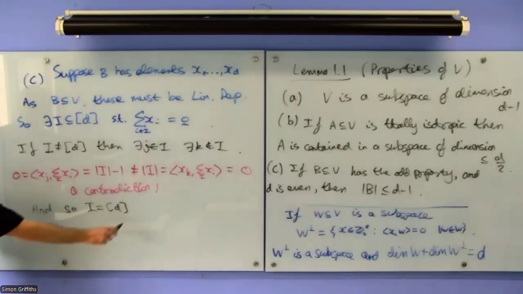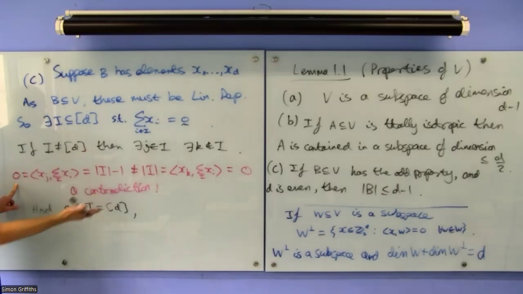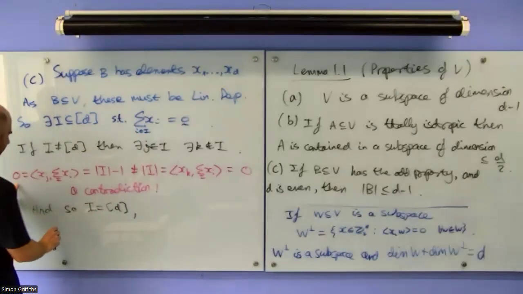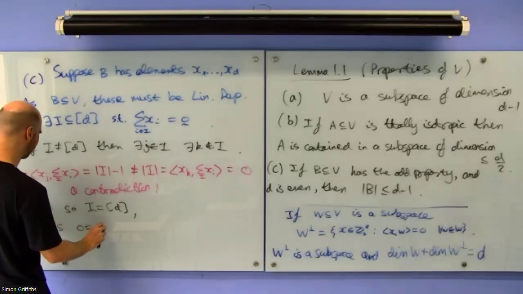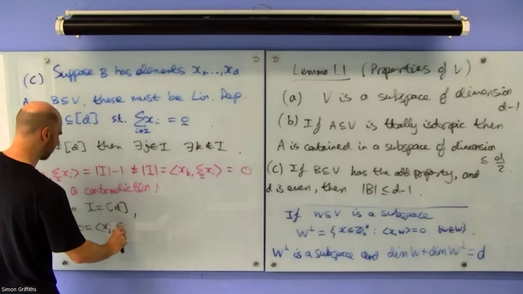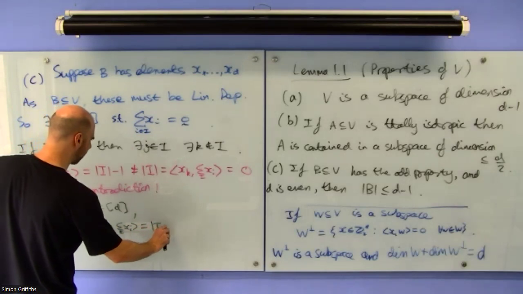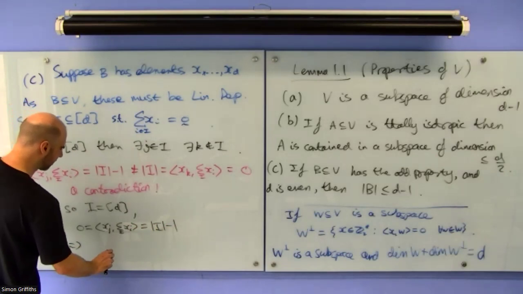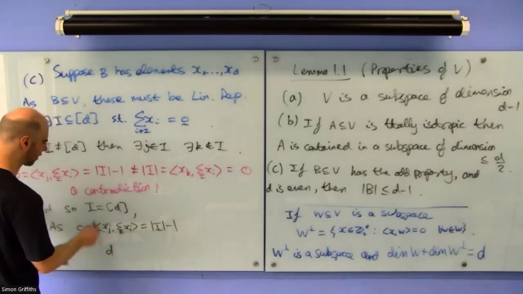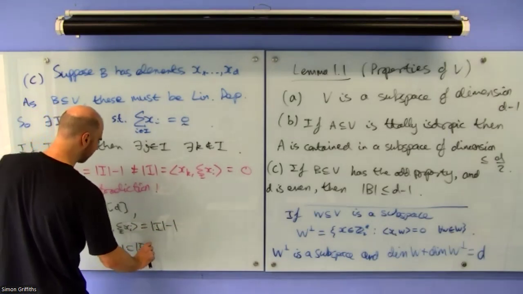And now what we do is we just repeat the first half of the argument, which is still valid because j is a member of I, everybody is a member of I. So 0 is still the inner product of xj with the sum, and this is still |I| minus 1. This implies, well, D is equal to |I|, so D minus 1, which is equal to |I| minus 1, is even.